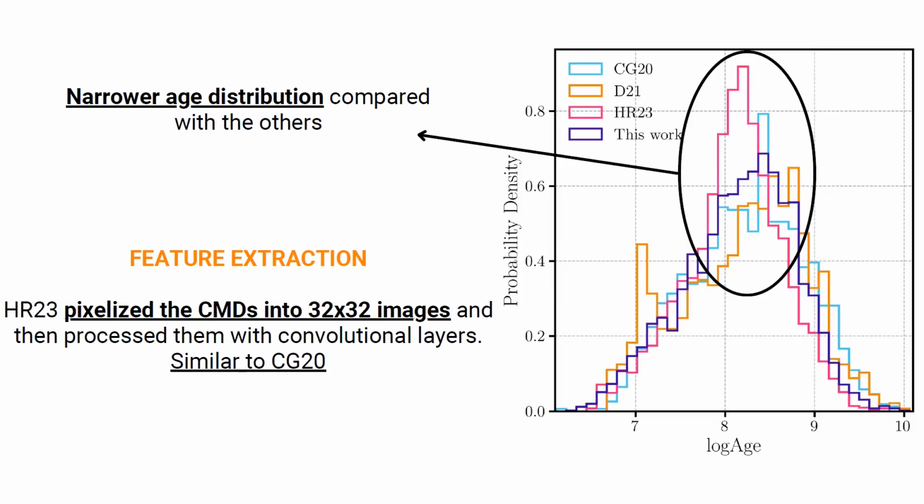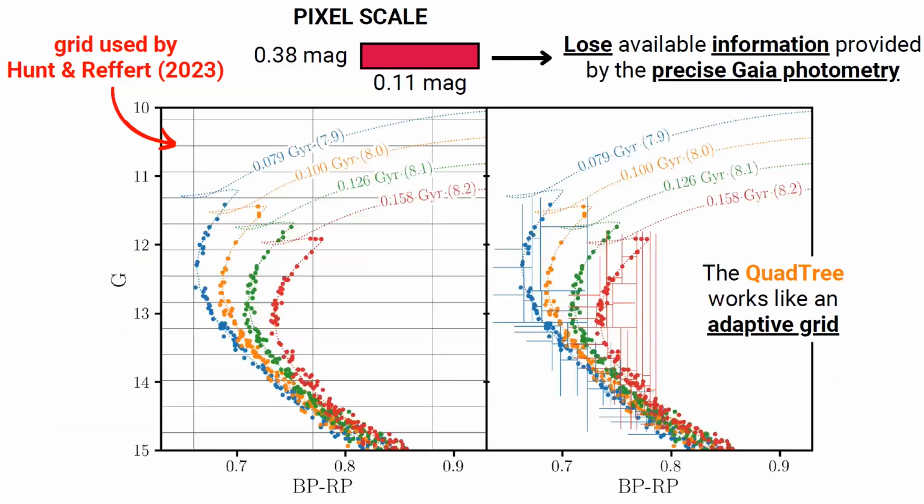To compute the image, they need to pixelize the CMD and divide it into 32 times 32 images. The problem is that if you carefully look at the pixel scale in the physical dimensions, you end up with a pixel scale like that, in color for the lower part and in magnitude for the other, ending up with this grid that I hope you can all see.